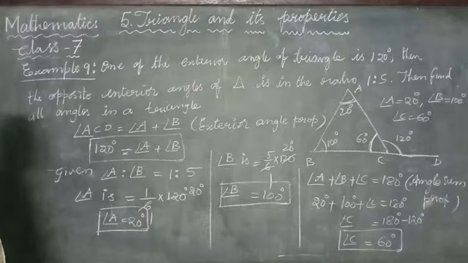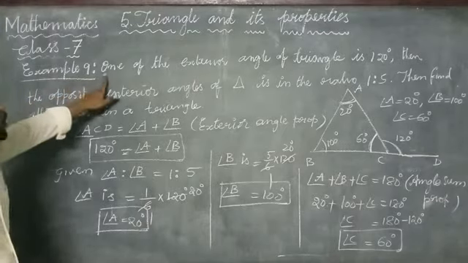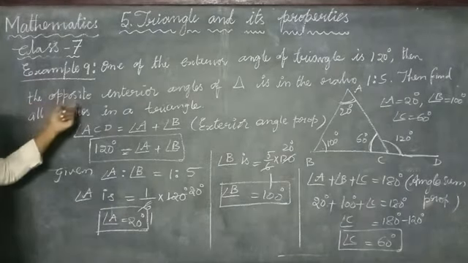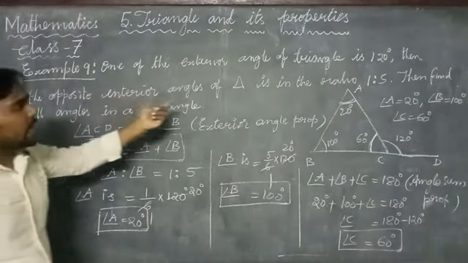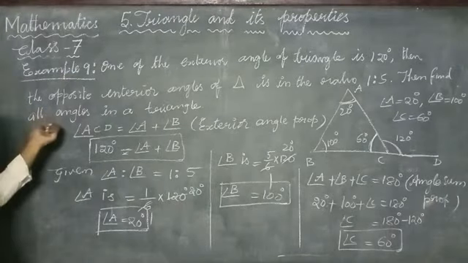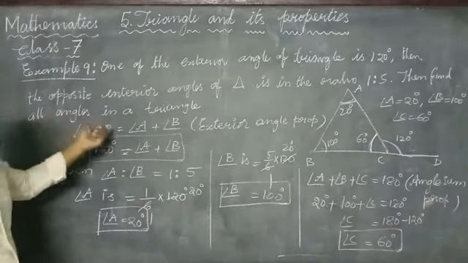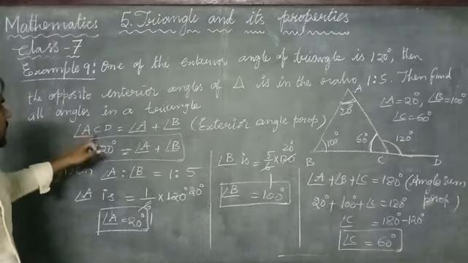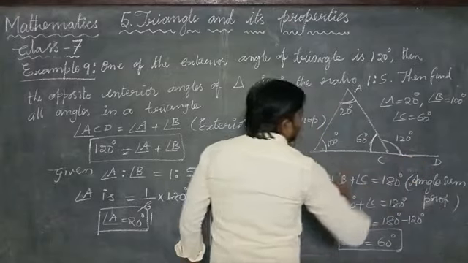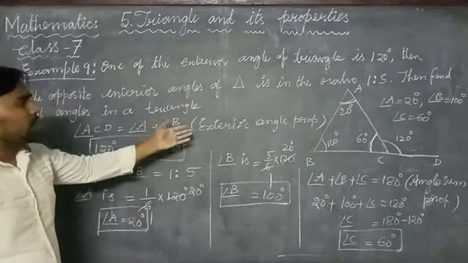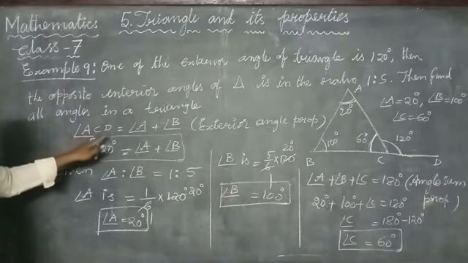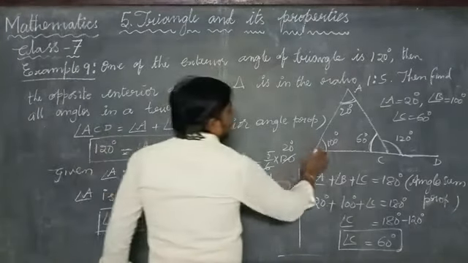Okay, now once again I am saying, here the example line is one of the exterior angle of a triangle is 120 degrees. Then the opposite interior angles of triangle is in the ratio 1:5. Then we have to find all the other angles in a triangle. Here they have given angle ACD equals 120 degrees. From the exterior angle property of triangle, we can write angle ACD equals sum of opposite interior angles.